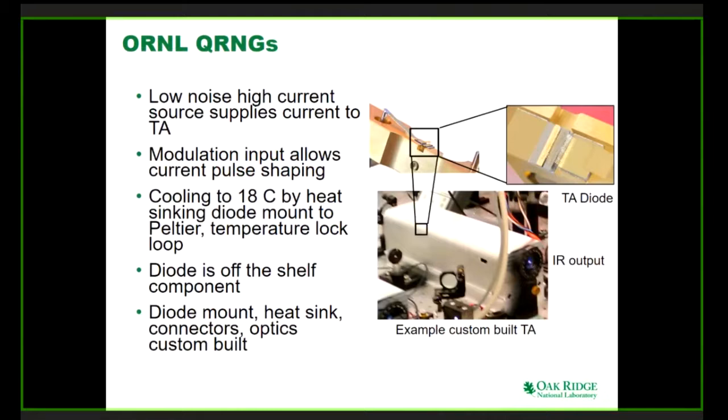You only need milliamps to operate the device. So we'd send a couple of milliamps to it, and we're talking femtowatts to attowatts of photons out, and we can detect those with our single photon detector.